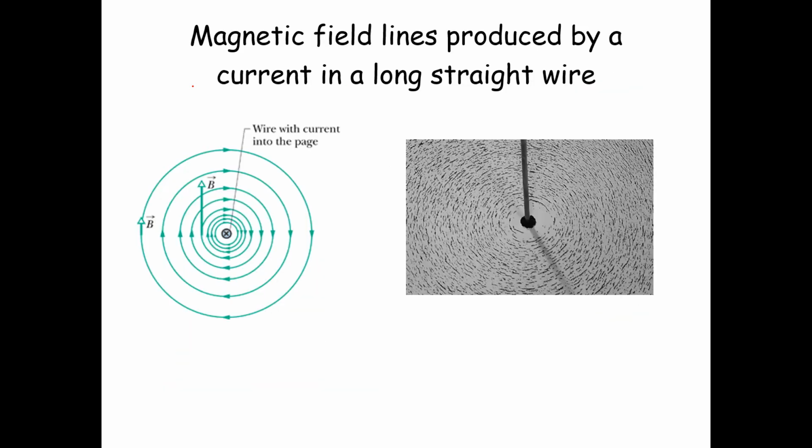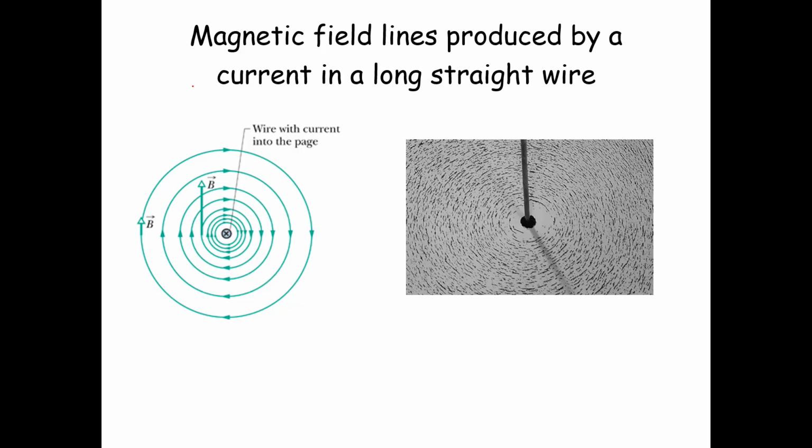And then the magnetic field line produced by a current in a long straight wire. This is the current. The current is in, and the direction is a cross, which means the current goes into the page. So you can use the right hand rule.